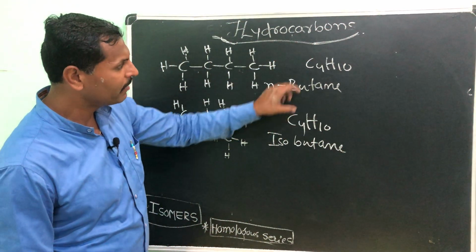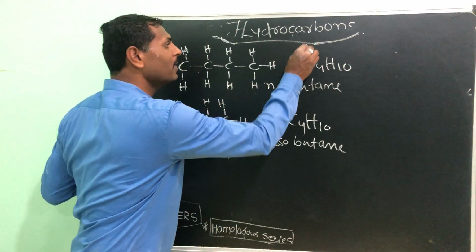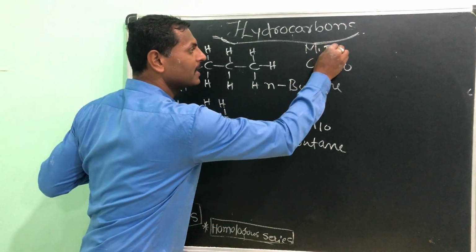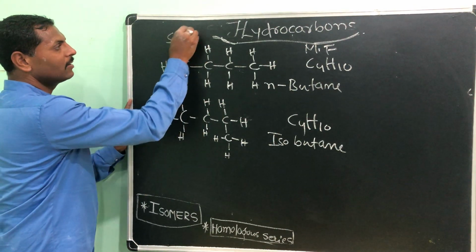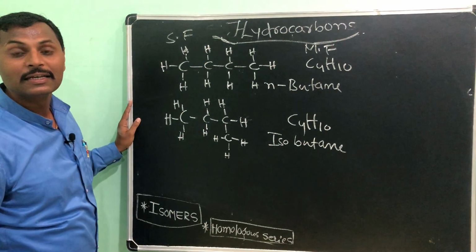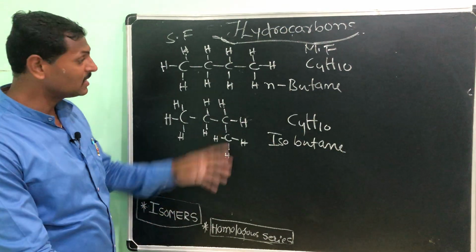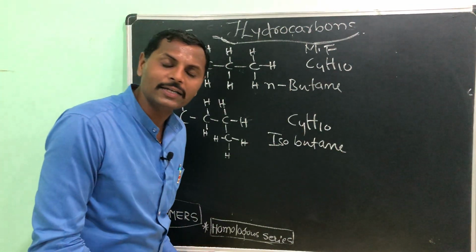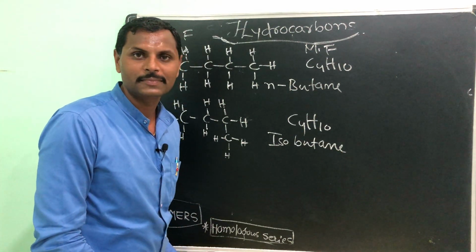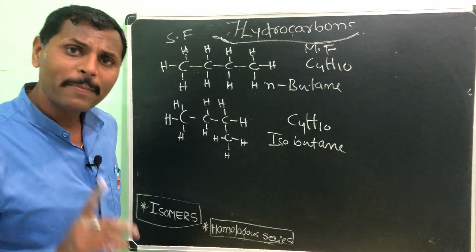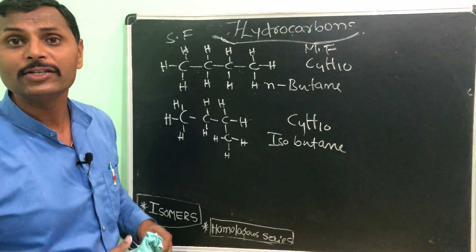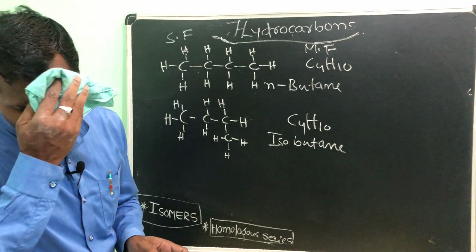Tell me what are isomers? Compounds having the same molecular formula, same MF. See, I am writing MF, molecular formula. Different structural formula are called isomers, and this phenomenon we call isomerism. Many times they will ask you how many isomers we can get for butane.